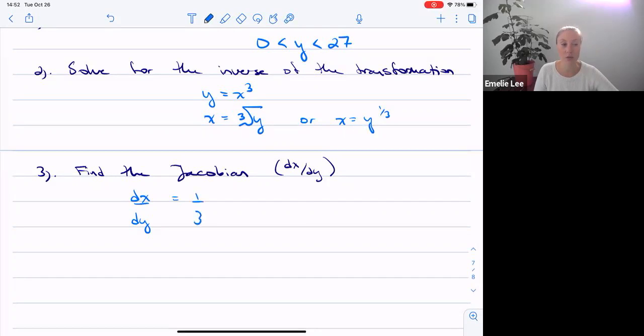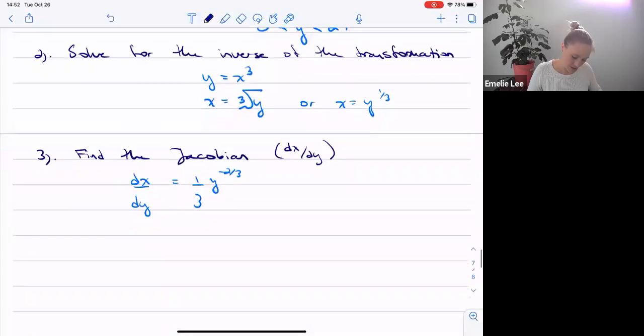This is with respect to y, right? And so I'm taking the derivative of x with respect to y, right? And so the derivative of x with respect to y, well, that's going to be 1 over 3 times y to the 1 over 3 minus 1, which is what, negative 2 over 3, I want to say. Okay.